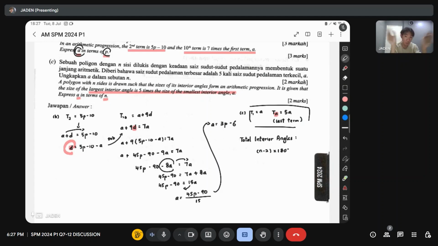This equation is what you learn in your lower form maths when you learn about the polygon chapter. So to calculate the total interior angles, you would use n minus 2 times 180.